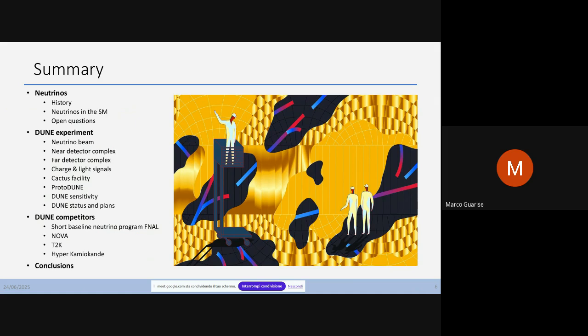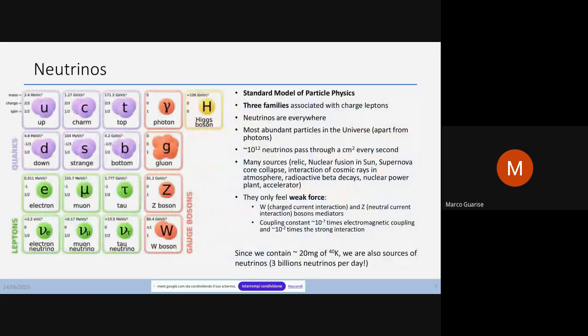And finally, if I have some time, I will compare the sensitivity and what we will see with other accelerator neutrino experiments, which are NOvA, T2K, and finally Hyper-Kamiokande, which is a proposed experiment for the future.